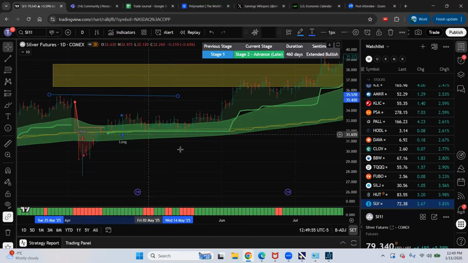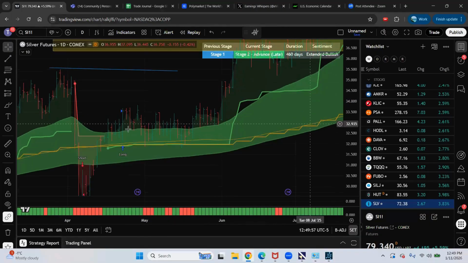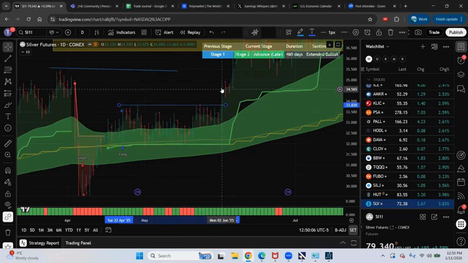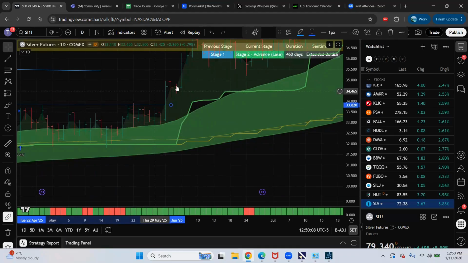So I don't break that, but I establish a new pivot high there. Okay. And then this very clean breakout happens on the 2nd of June.